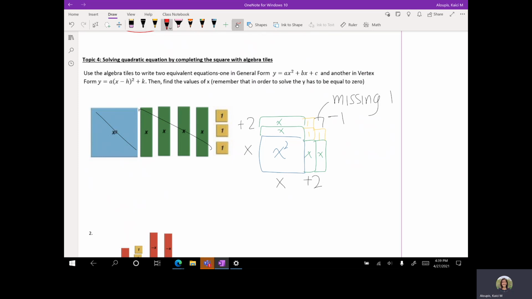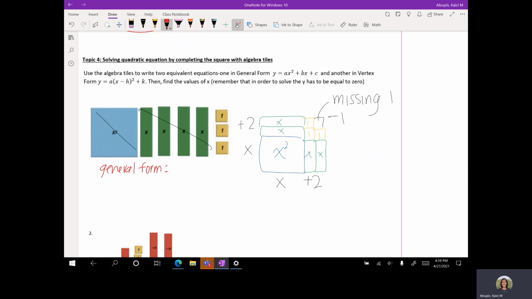So for the general form, you look at everything that you're given in the tiles. That's the general form. It's super easy.